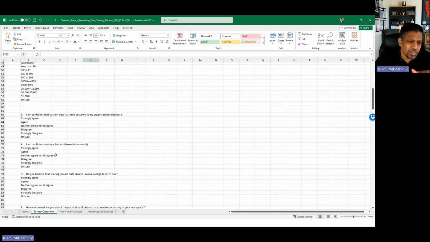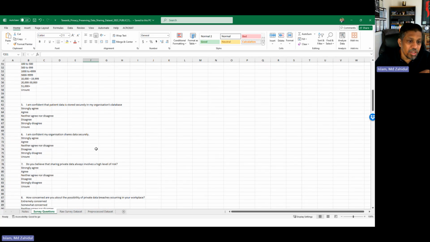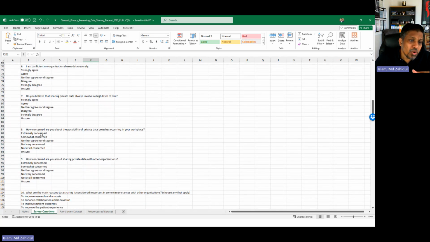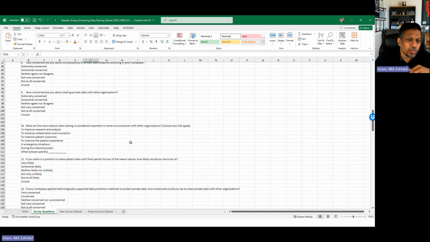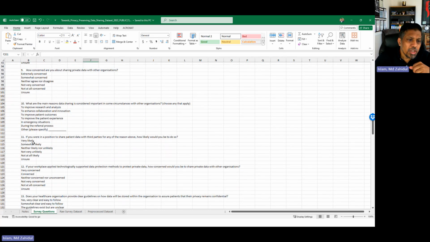Do you agree strongly, or etc.? I'm confident my organization shares data securely, and so on. How concerned are you about the possibility of private data breaches occurring in your workplace? So it shows the privacy concern, privacy awareness among these health professionals, etc. If you were in a position to share patient data with third parties for any of the reasons above, how likely would you be to do so?